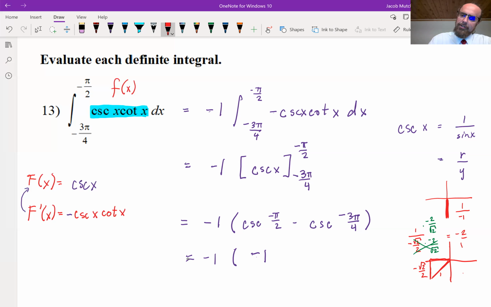And then I need to rationalize that denominator by multiplying by square root of 2 above and below. And that's going to reduce to negative 2 times the square root of 2 over square root of 2 squared, which is going to be 2, and then I have a final reduction. Those 2's cancel. So it turns out the value of cosecant at negative 3 pi over 4 is the negative square root of 2. And that gives me my last value there, negative square root of 2.